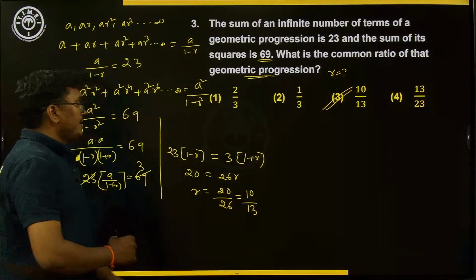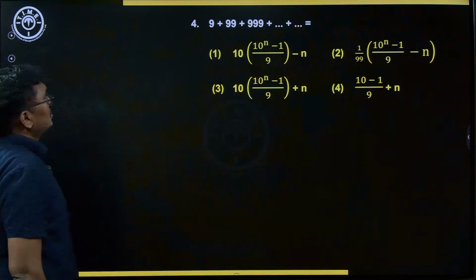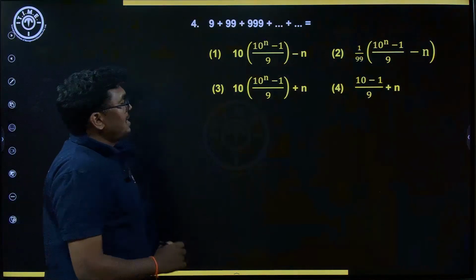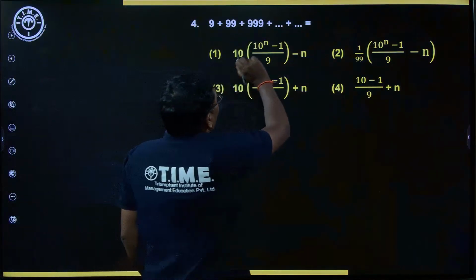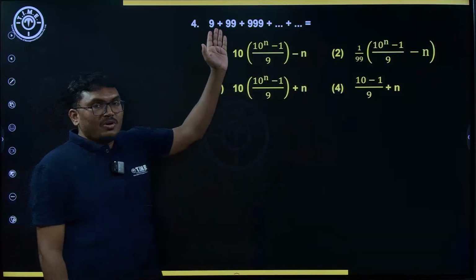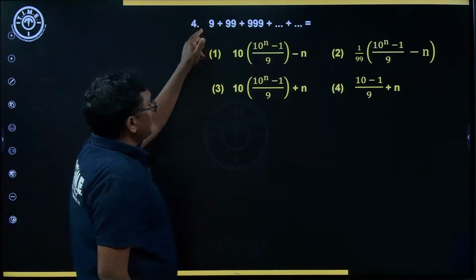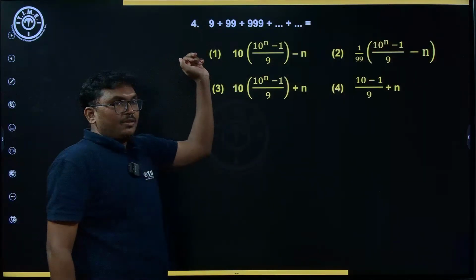Okay. So next, question number 4. What is given? 9 plus 99 plus 999 plus and so on. How much is the sum of these terms? If you observe, these terms can be written in terms of 10.